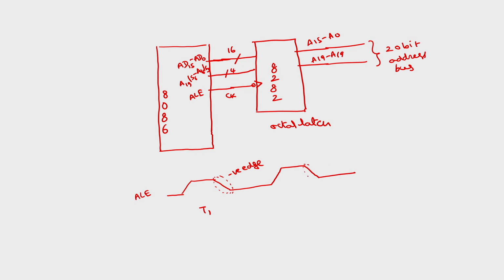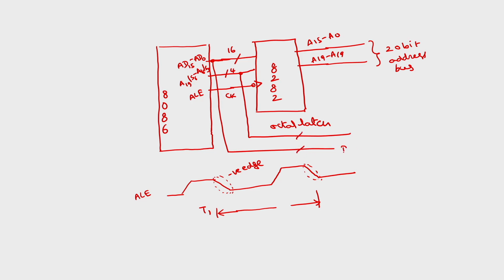From this point to this point, whatever information is latched will be available at the output of 8282. Because I have already latched this, in subsequent clock cycles I can use these lines to carry only the status, or only the data.